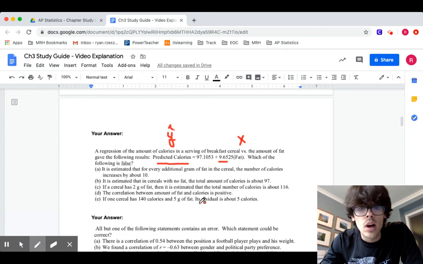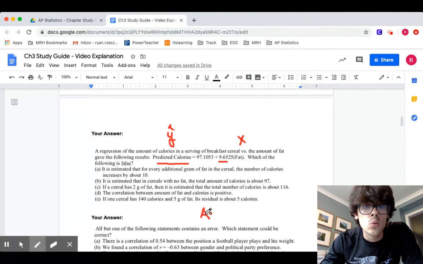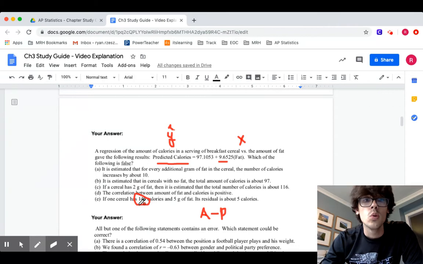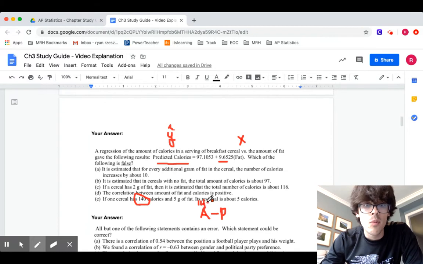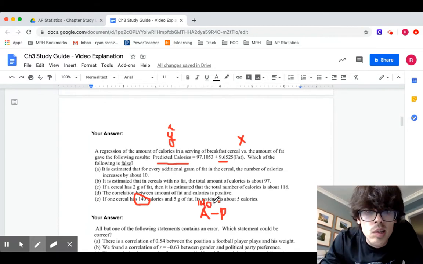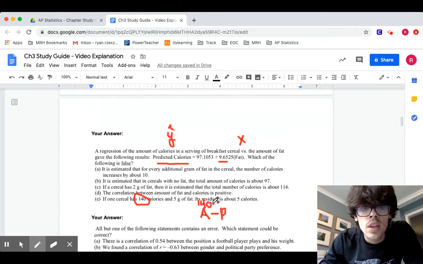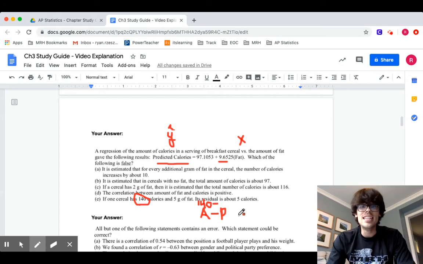And just to review how you do that real fast, remember residual, you are going to take your actual y value minus your predicted y value. Residual is actual minus predicted. The 140 is the actual calories for that cereal. So you would take 140 right here, and you would need to subtract the predicted value.